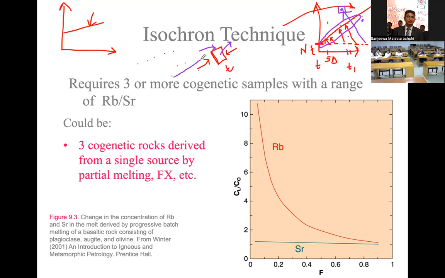In that case, we have to think that this scattered situation has been affected by later processes. You can use the term secondary also, but it's okay, because we don't know at what time this happened. But if you are getting a very nice line like this, then your assumption is correct, for the system to be a closed system. We will come to some examples later on to explain this further.